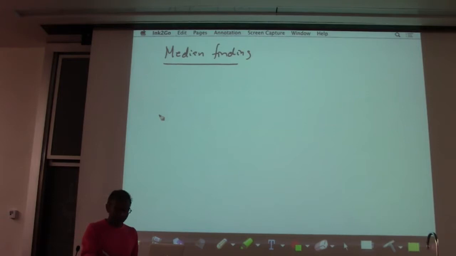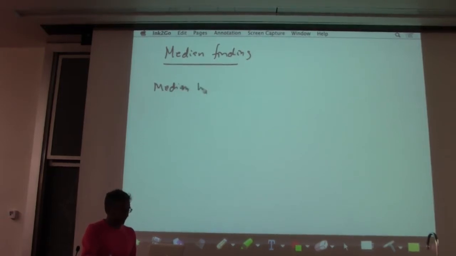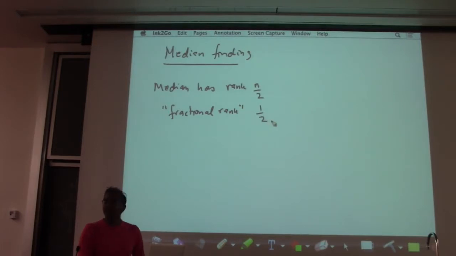The median has rank n over 2 if you think of the ordered list. Let's think of it as having what we'll call fractional rank half. In other words, the rank divided by the total number of items is half.